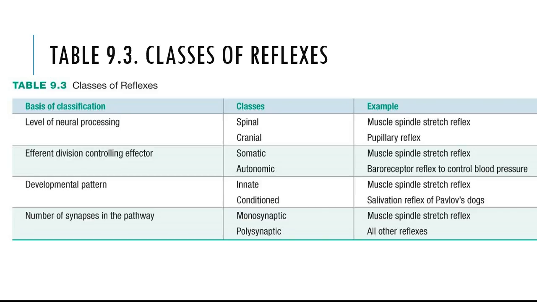However, our cranial nerves can also carry out reflexes, like our pupillary reflex. We don't have to think about constricting or dilating our pupils. It happens by a reflex. Some are controlled autonomically, using the sympathetic nervous system, parasympathetic nervous system, and so on. So there are various levels of reflexes.